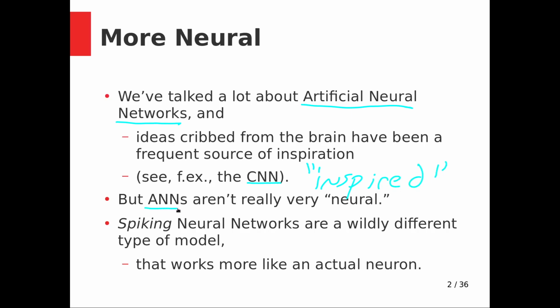Artificial neural networks like we've been building aren't structured like real neurons, and they don't act like real neurons. Spiking neural networks are very different from the kinds of models that we've been using, and they work a little more like an actual neuron.